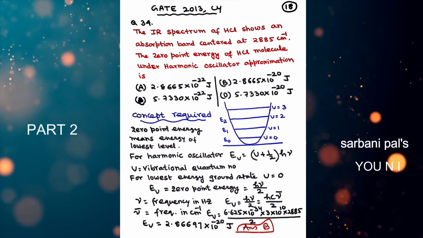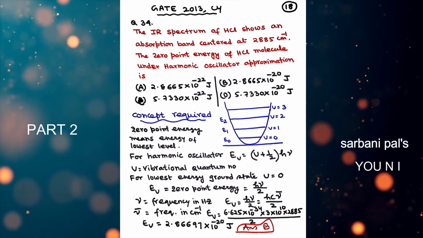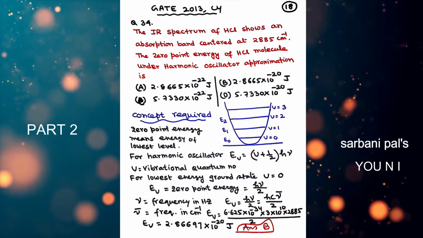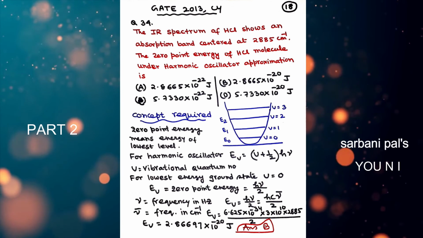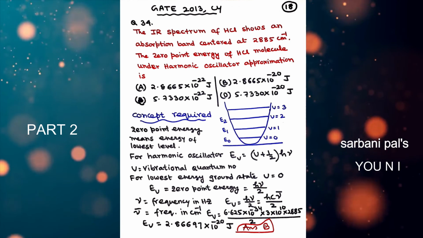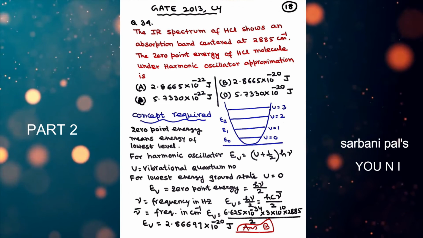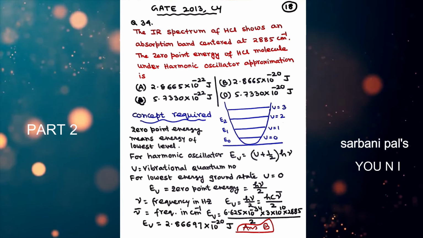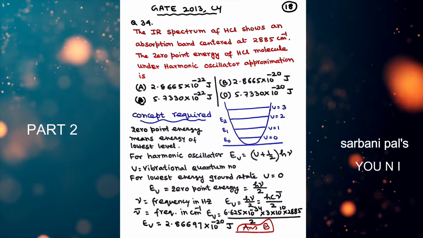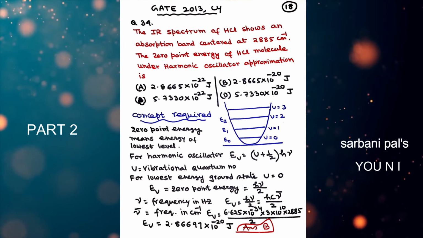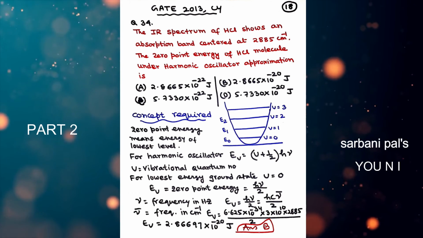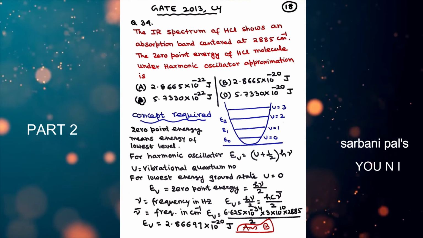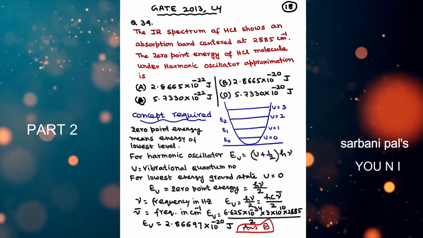There are 4 options. Now in order to solve this numerical, we need to know the expression for the zero-point energy, means the energy of the lowest level if we consider the harmonic oscillator, means the vibrational excitation will obey simple harmonic motion and there is no anharmonicity.